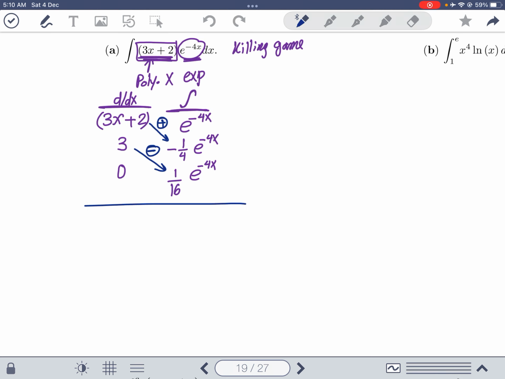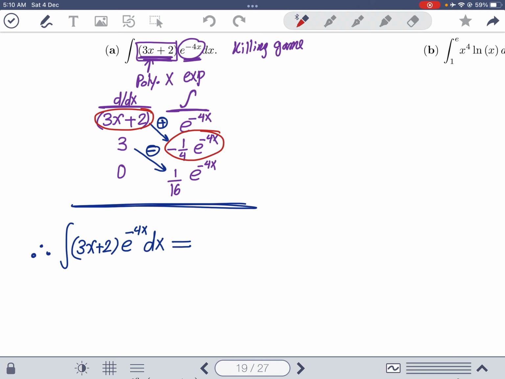How do you write the answer now from this? You will say, therefore, the integral you asked me to do, 3x plus 2 times e to the negative 4x dx will be, and now you'll read it. So you'll say, this here times this with a plus sign. If you multiply them, you get negative 1 over 4 times 3x plus 2 times e to the negative 4x.